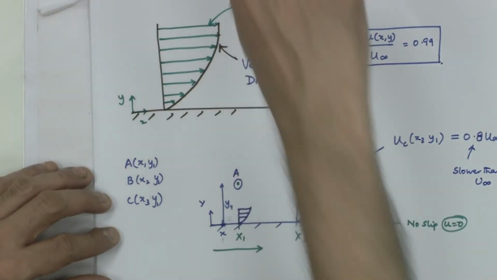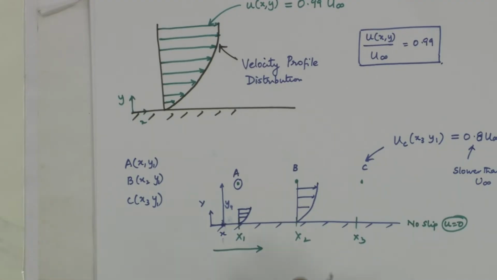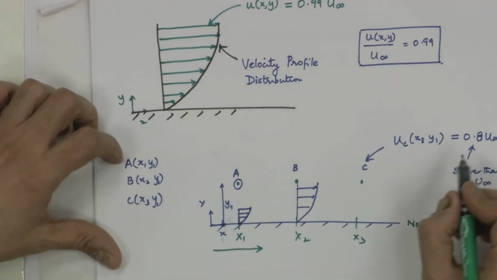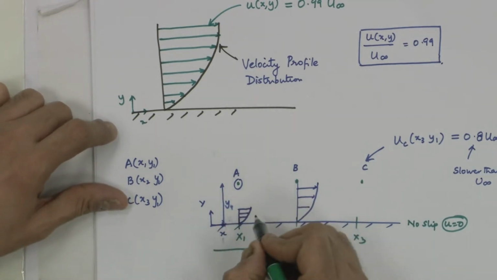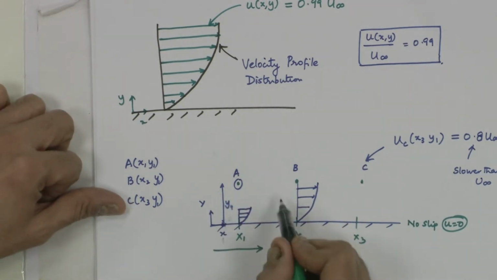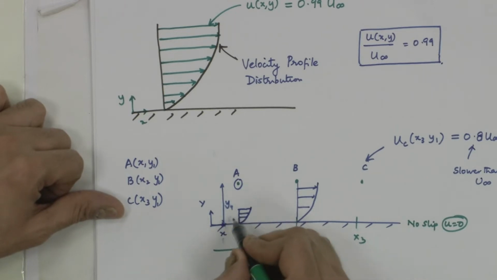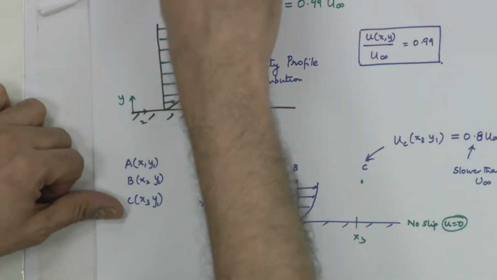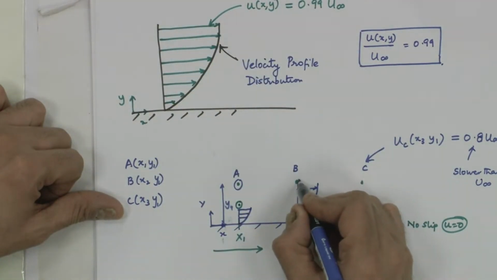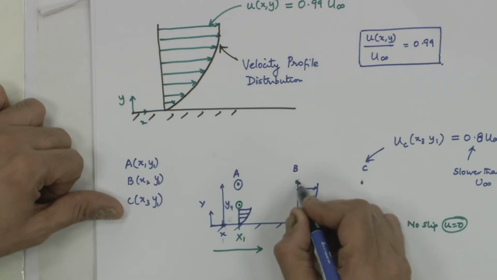What I am trying to tell you is, the locus of points which have 99% of the free stream velocity are not going to be at the same distance from the wall. At a location x 1, 99% happens here. At a location x 2, 99% happens here, let us say.